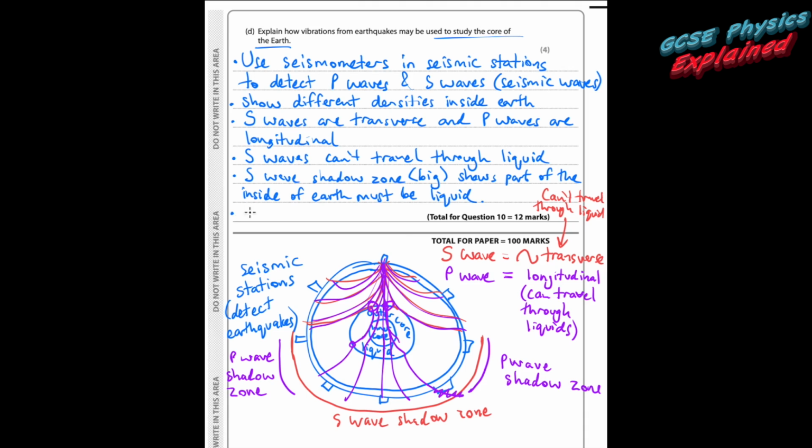The P wave shadow zone shows there must be different densities inside the core. So that point there is basically the same as this point here. Just this one's got a little bit more detail on. 1, 2, 3, 4, 5, 6. So if that was worth a 6 marker next time instead of just 4, I hope I've given you enough information that you'll be able to get all 6 marks.